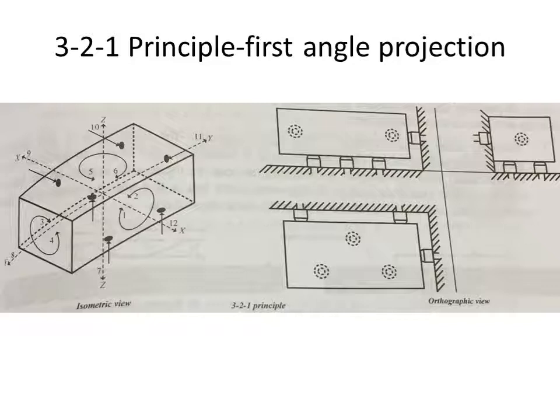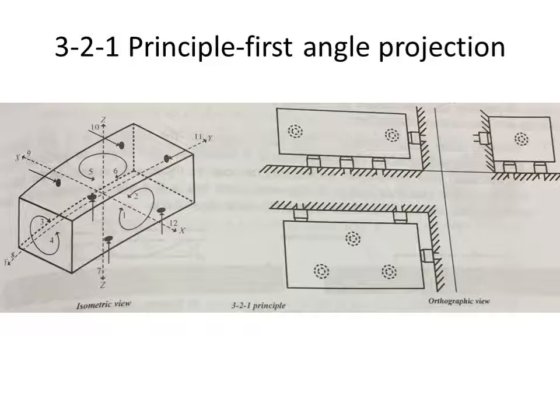One linear movement in the z direction is arrested. In addition, rotation about the x axis and also rotation about the y axis. So these two rotations, clockwise and anti-clockwise about x and about y, and one linear movement in the z direction. Totally 5 degrees of freedom are arrested by providing three locating pins from the bottom.